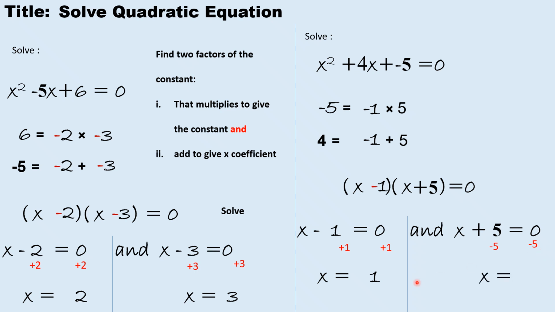Hence, x is equal to minus 5. And these are our solutions for this quadratic equation, x being equal to 1 and x being equal to minus 5. Again, the solutions or roots of this equation are x being equal to 1 or x being equal to minus 5.